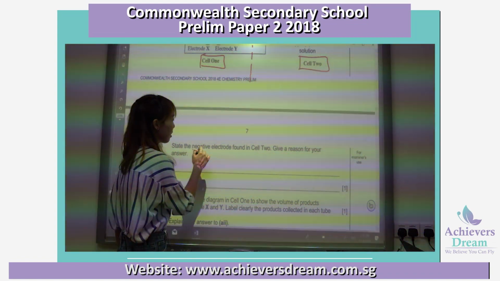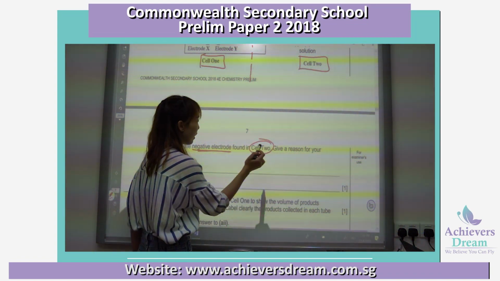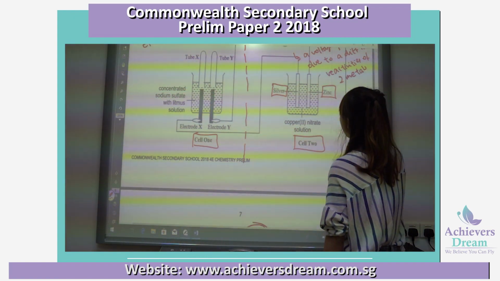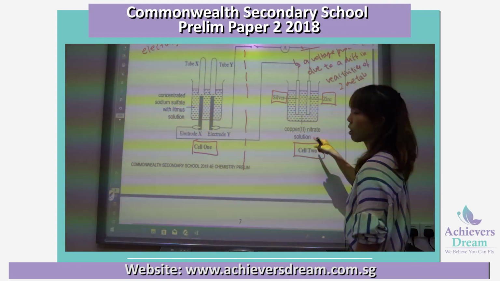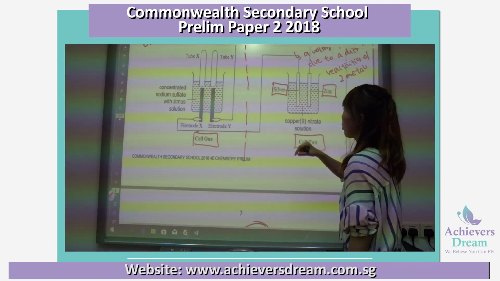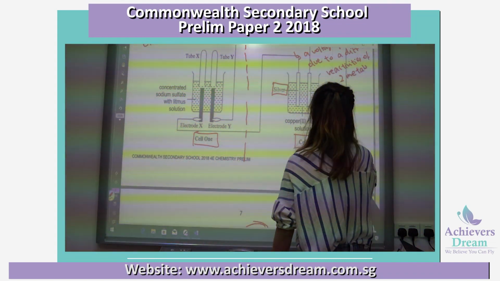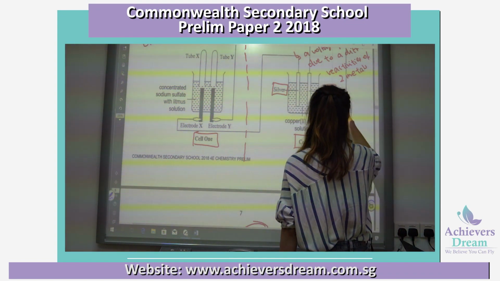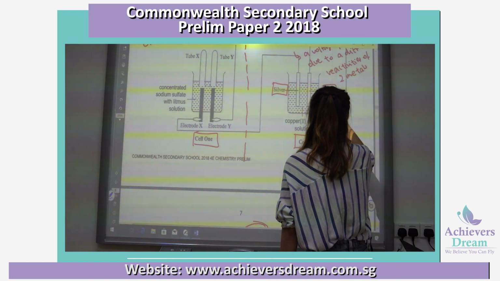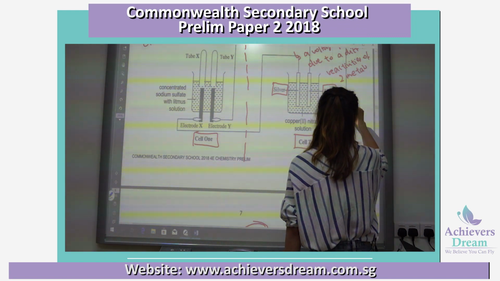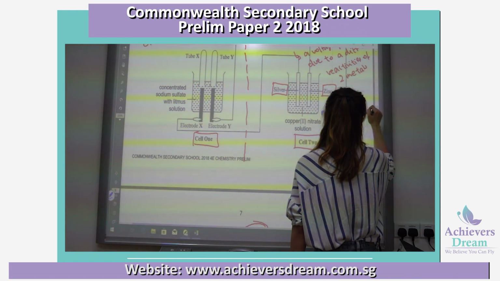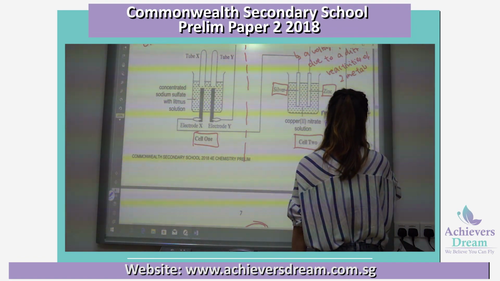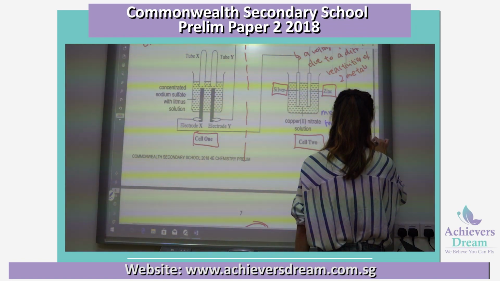They say state the negative electrode found in cell 2 and give a reason for your answer. Cell 2 is a simple cell, and for simple cells, which is your negative electrode and which is your positive electrode? This is the general rule of thumb. For simple cells, your more reactive metal will always be your negative electrode.